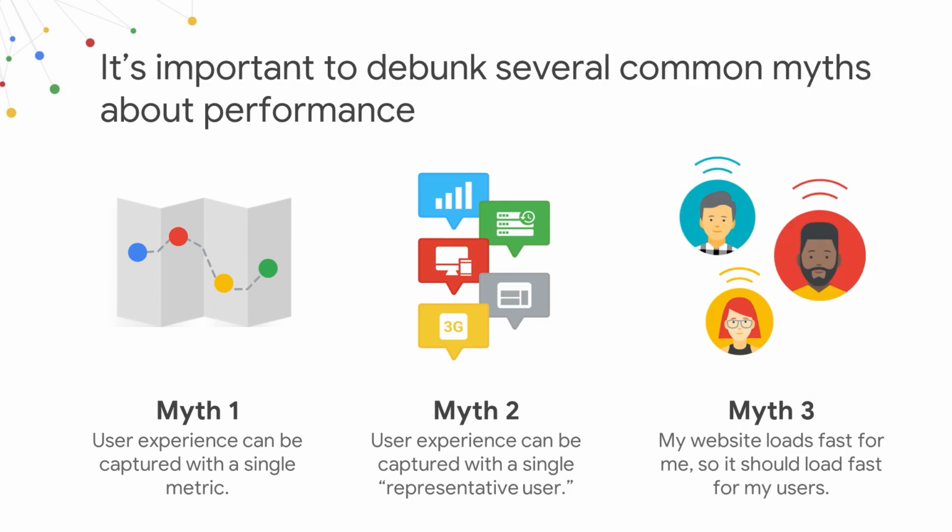The first myth has to do with how performance is measured. A good user experience cannot be captured in a single point of time. It's not something static. It's made up of milestones in your user's journey as they travel through your website, open page by page, and see what's on it. To understand what your users experience in each milestone, you have to understand the different metrics that are out there. And there's a lot of them.